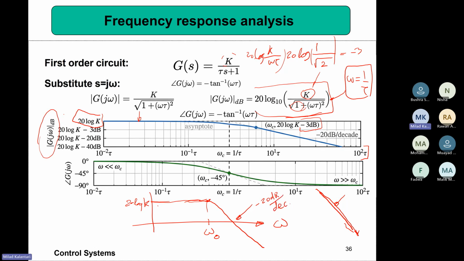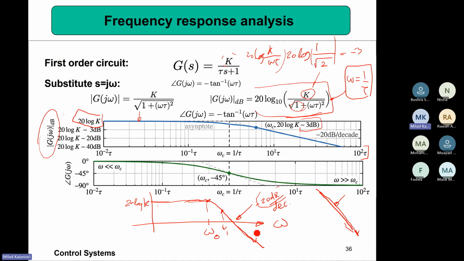Per decade means once you are at a certain omega, let's say omega 1, if you increase omega 1 10 times, one decade, then the amplitude will drop by 20 dB more. This is the way we describe it.